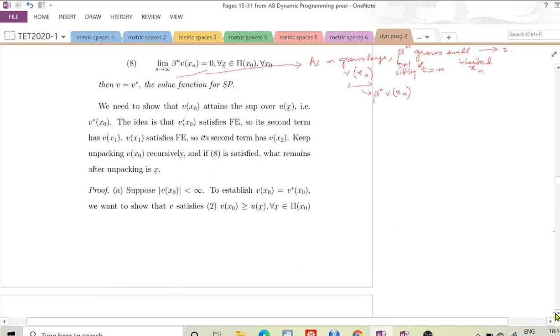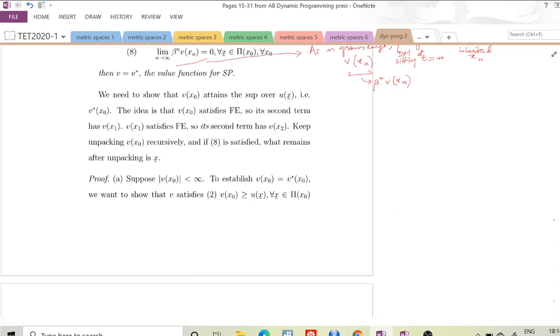So we'll do the proof for the case where V of x naught is a real number, where V of x naught is finite, right? The case where V of x naught is plus infinity is kind of quite tedious. So we don't do it here.